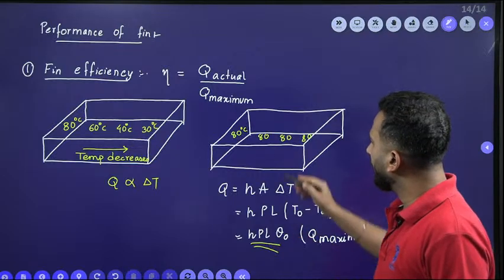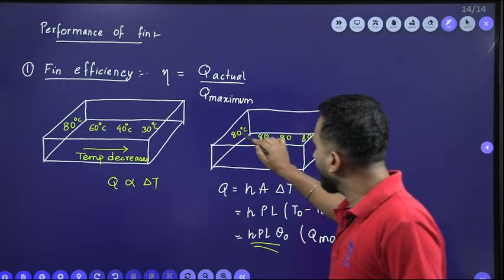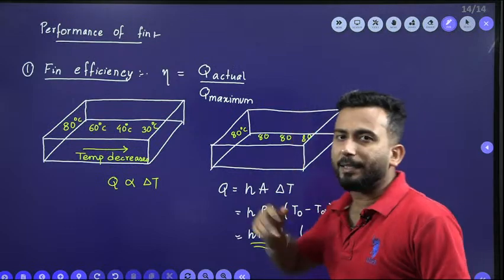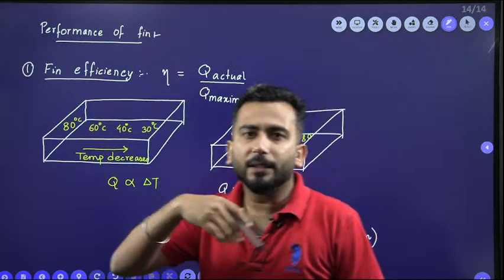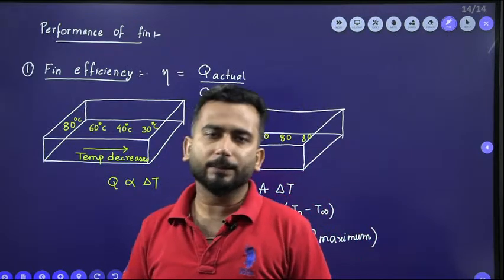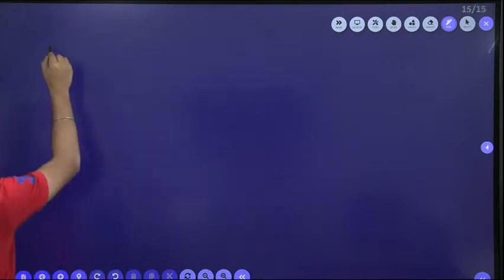h P L delta T. See, when every part of the fin surface is maintained at 80 degrees centigrade, then from every part the heat convection will be maximum, and this is good for us, right? So, what is the efficiency of the fin?